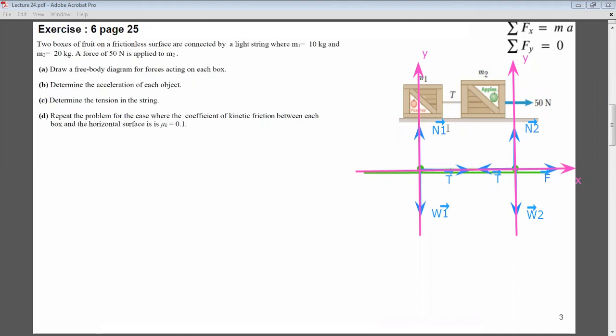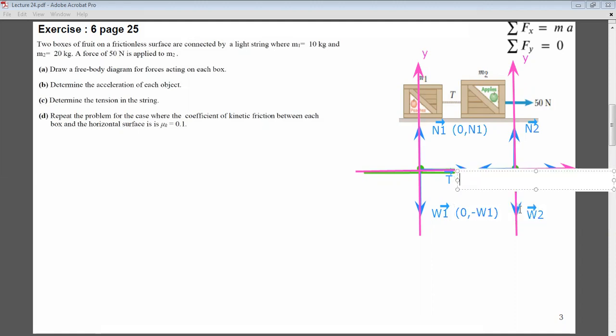Now we can do one more thing, that is for each force find its x component and y component. N1 doesn't have an x component, so it only has a y component. W1, same, it's only on the y-axis, so 0 and minus W1 because it's in the opposite direction.